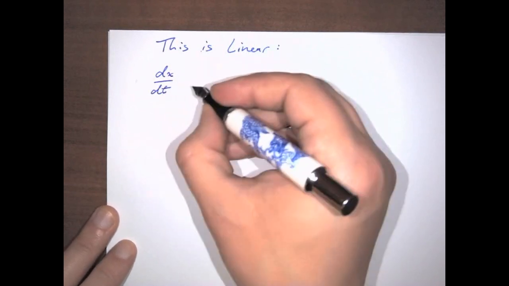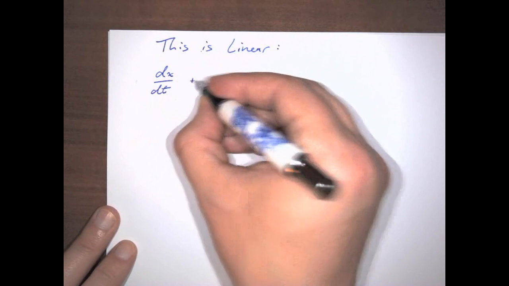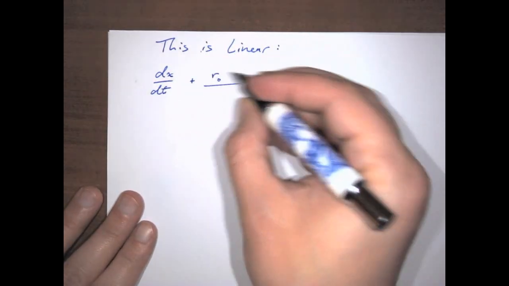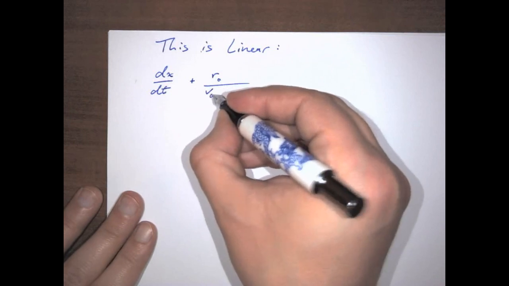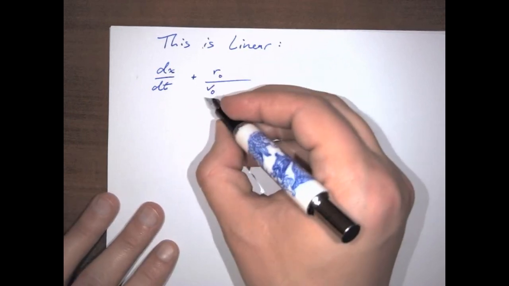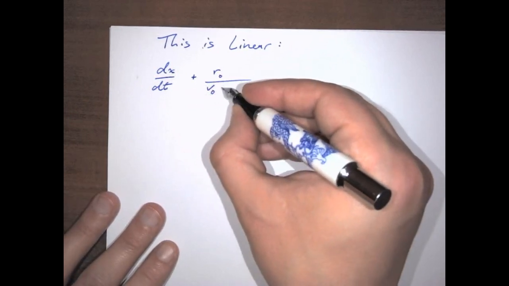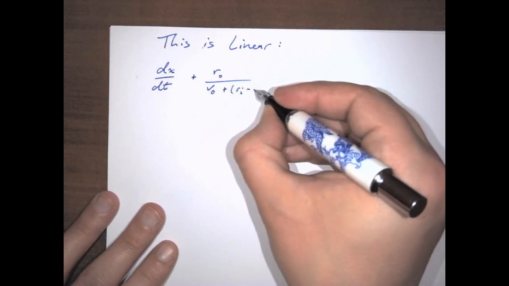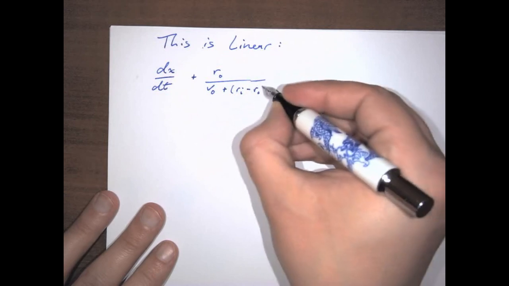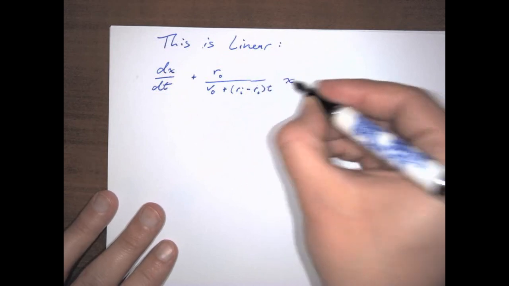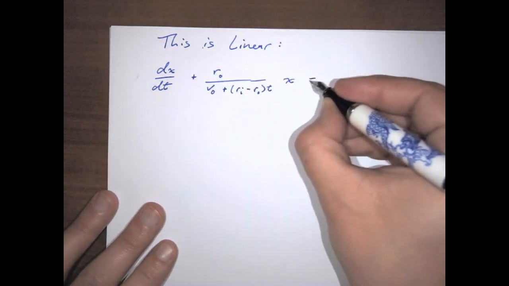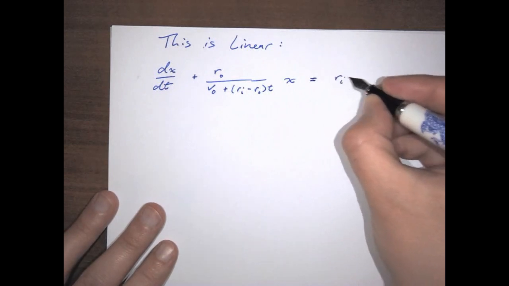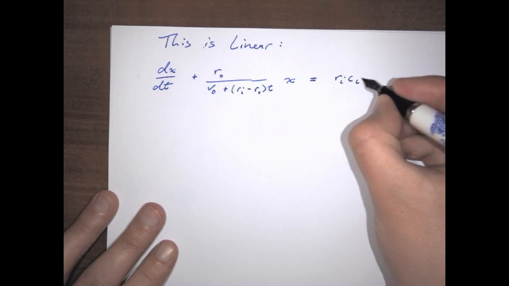And now we move the x term to the other side, R out over V naught plus Ri minus R out times t, and that all times x, and that's going to equal just the constant Ri Ci.